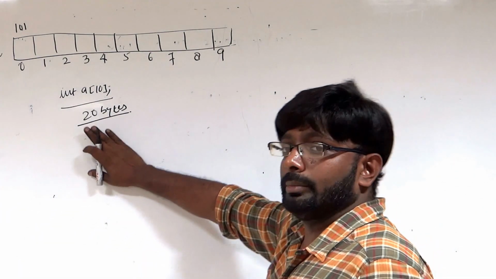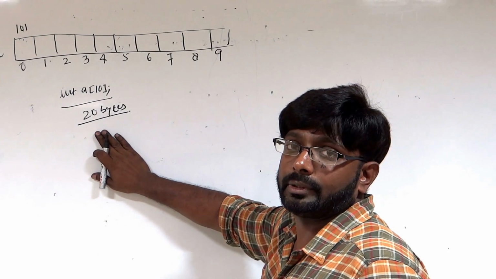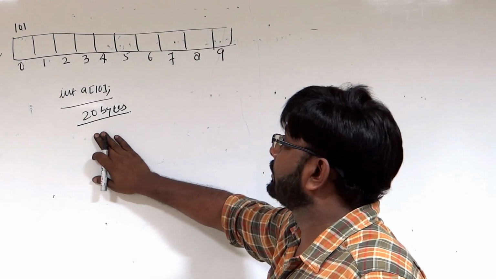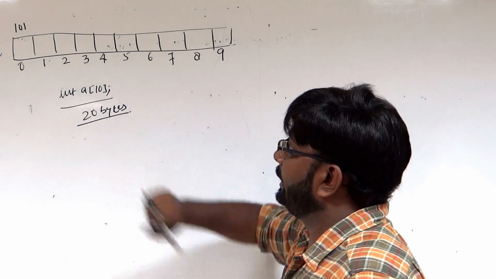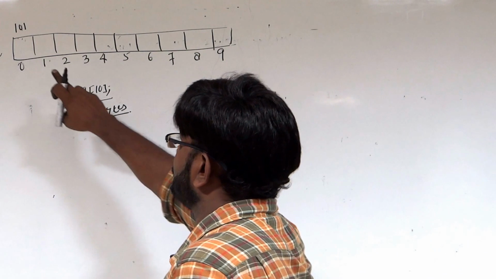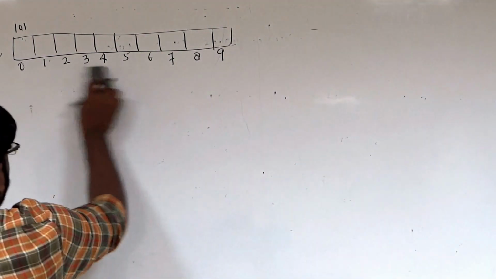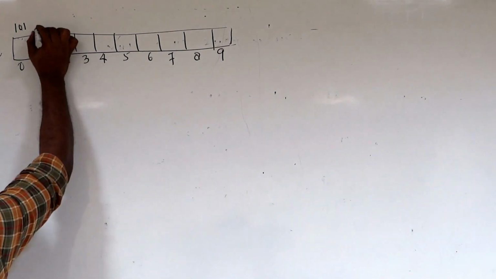So we'll assume that our system is a 32-bit system. So this will occupy 20 bytes, each of 2 bytes. So if the starting address of the very first cell is 101, what would be the starting address of the next cell? 103, because this is having 2 bytes.